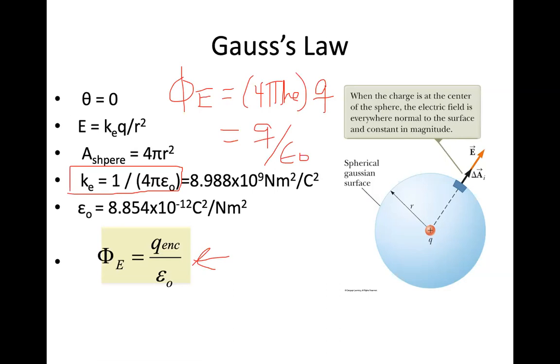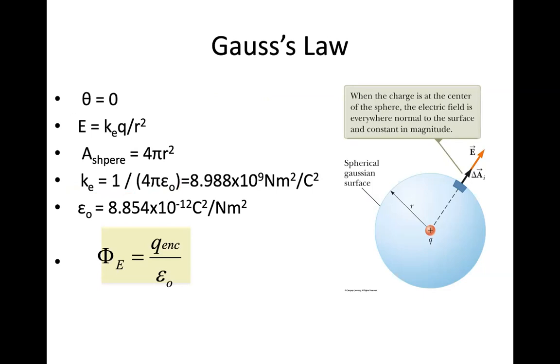But what Q? Not any random Q. All the Q enclosed. Enclosed where? Well, enclosed within this Gaussian surface. Everything inside that Gaussian surface. I don't care if there's a charge over here, because the electric field is only going to be affected by the net flux that comes from inside to outside.